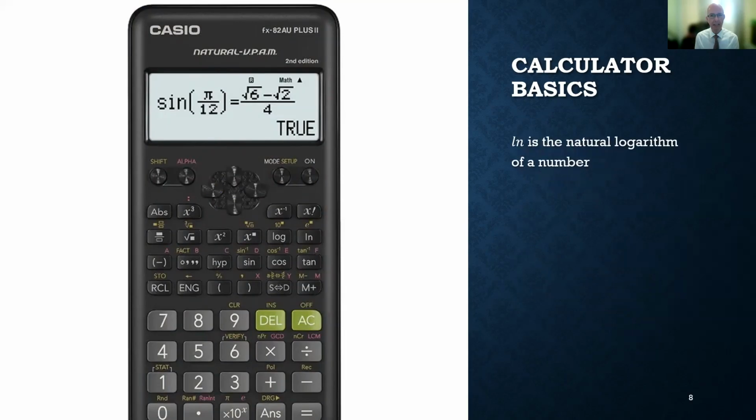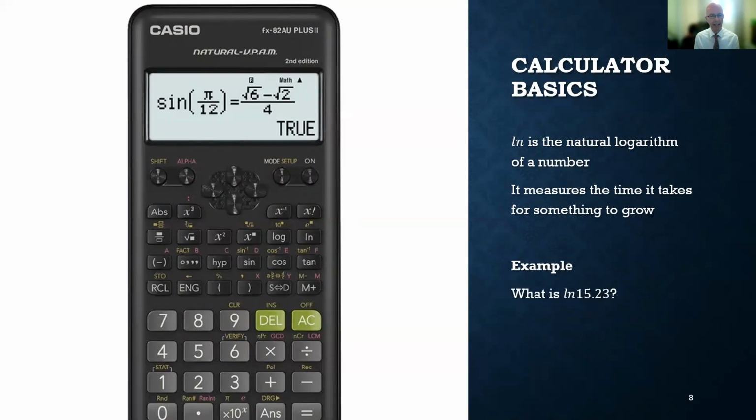Another one is using ln, which is the natural logarithm of a number. The reason we use that is it measures the time it takes for something to grow. I'll give you an example of that one. What is ln of 15.23?